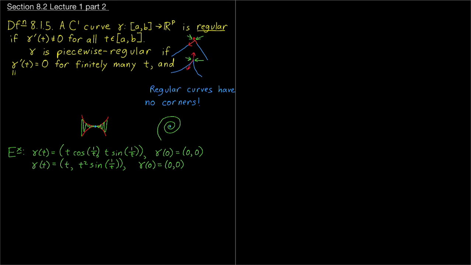But it will disallow something like these spirals where the tangent vector just spins around and around infinitely many times, or the sine wave where the tangent vector flips up and down, back and forth infinitely many times.